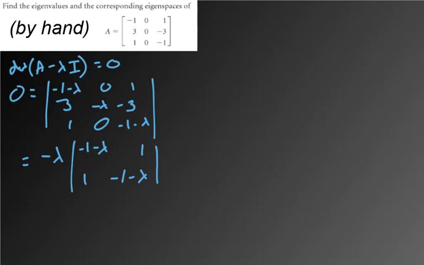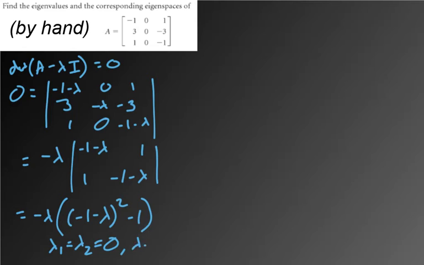If you do that determinant out, you get negative lambda times negative 1 minus lambda squared, minus 1, which if you solve that polynomial, you get lambda 1 equals lambda 2 equals 0, and lambda 3 equals negative 2, okay? And going along with what we saw in the last slide, this makes sense: we're getting 3 roots for a 3rd degree polynomial.